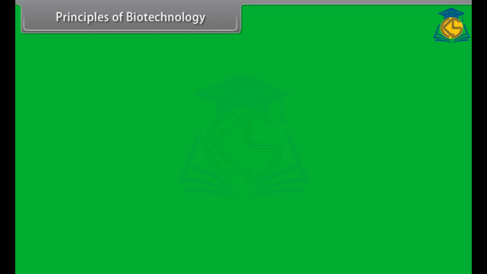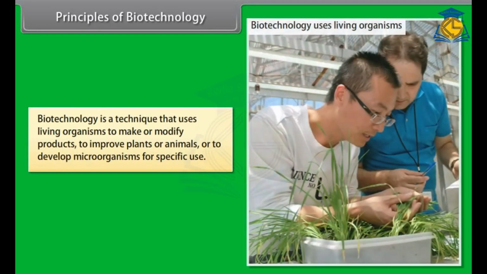Principles of biotechnology. Biotechnology is a technique that uses living organisms to make or modify products to improve plants or animals or to develop microorganisms for specific use.